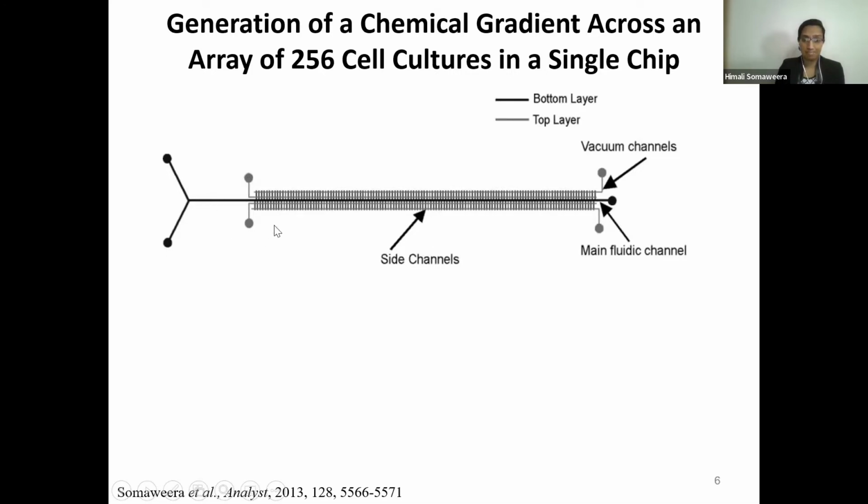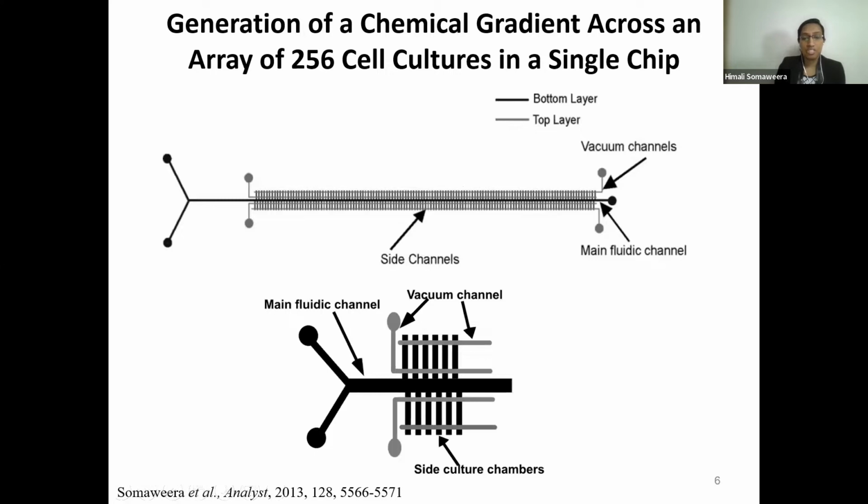There are two layers, the bottom layer and the top layer. The bottom layer is the vacuum channels, so we use vacuum actuation to load the fluids into side chambers, and the main fluidic channel is the top layer, called the fluidic layer.